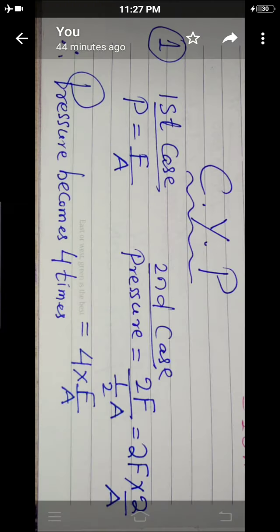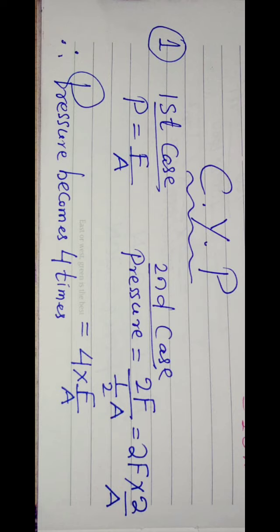Now one numerical here. If the magnitude of force acting on a surface is doubled and the area over which it acts is halved, then what will be the effect on pressure? Now all of you look at the answer on the screen. First case, pressure equals force by area.